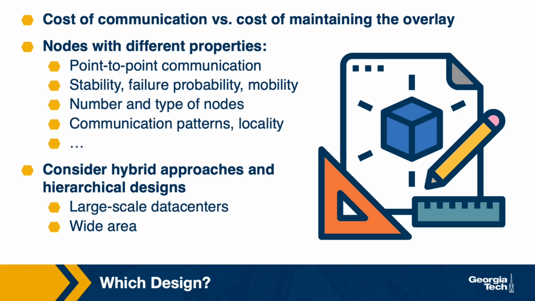Hierarchical designs also make sense in wide area networks, where we may have some locality and different types of communication patterns among nodes that are more local to each other versus nodes that are further apart in the wide area. And also hierarchical designs make sense in mobile networks. And for this, we will use a paper that describes the trade-offs that should be considered when designing hierarchical networks that are specifically targeting mobile network systems.